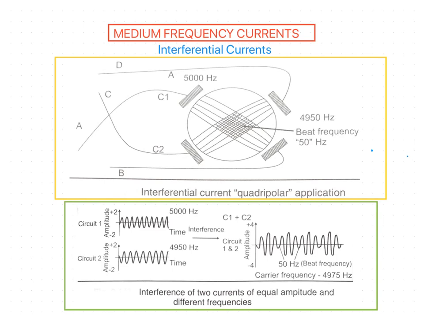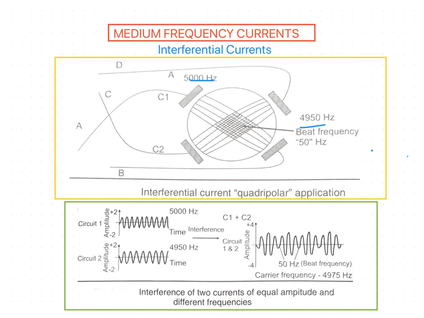For example, one pair will have 5000 hertz and another one will have 4950 hertz. Both are medium frequency, but with only slightly different frequencies.